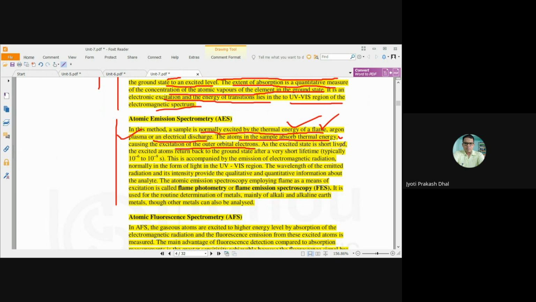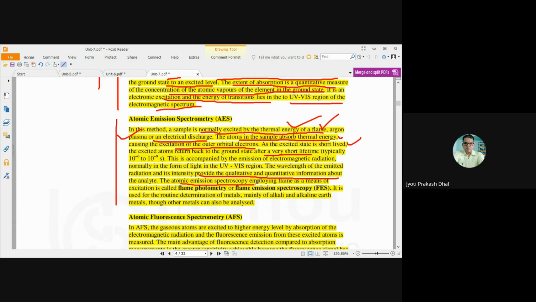As the excited state is short-lived, they will come back to the ground state after a very short time, typically around 10 to the power minus 6 to 10 to the power minus 9 seconds. This is accompanied by emission of electromagnetic radiation, normally in the UV visible region, and the wavelength and intensity of the emitted radiation provide qualitative and quantitative information about the atoms present in the analyte.